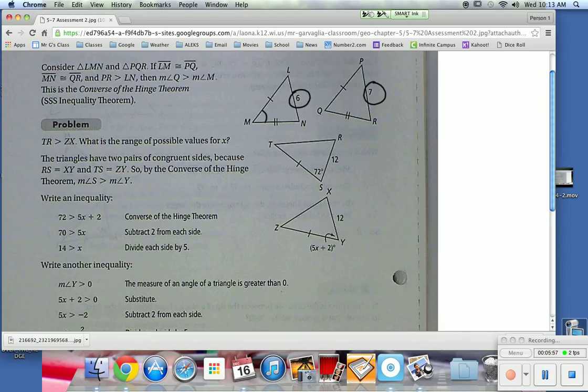What do you think the angles are going to be? You could say the measurement of angle Q should be greater than the measurement of angle M. True? Not true? It is true. All right. True and false.